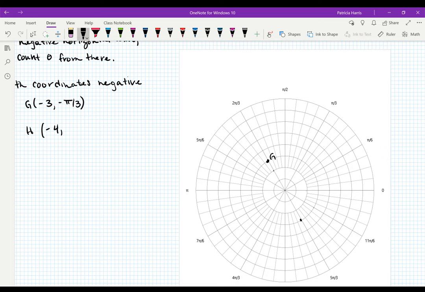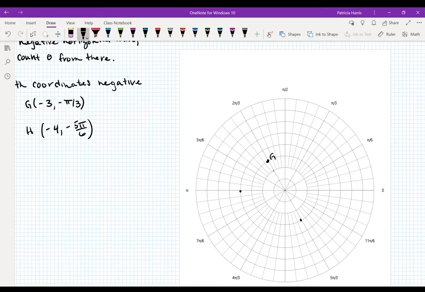Let's go H. Let's do one more. Negative 4, negative 5 pi over 6. This one I'm going to do by counting from the negative x-axis or negative horizontal. 1, 2, 3, 4. And then I'm going to go clockwise.